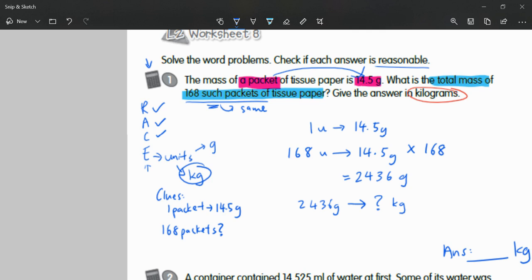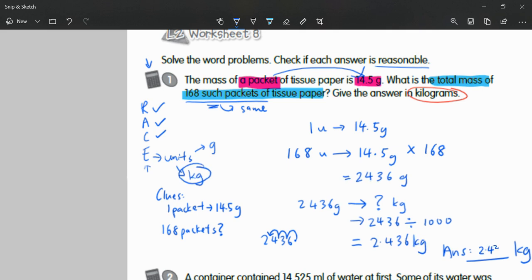From a smaller unit to a bigger unit, you have to divide. From grams to kilograms is a factor of 1,000. With the imaginary invisible decimal point here, 1, 2, 3, 2.436 kilograms.